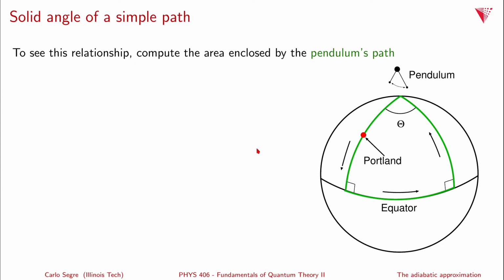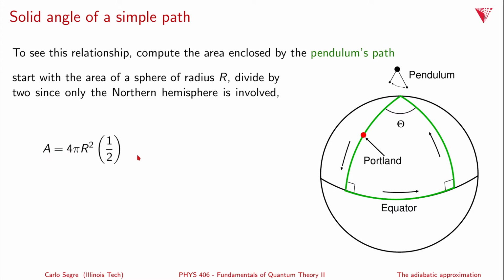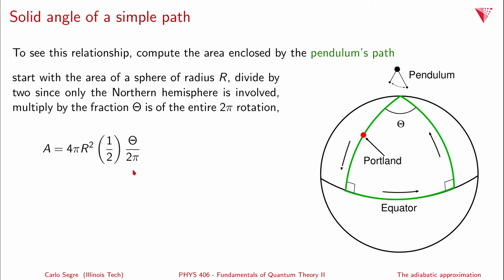We can see this relationship by computing the area enclosed by the pendulum path. Well, we start with the area of a sphere of radius r. So the area of a sphere of radius r is 4 pi r squared. We divide it by 2 since we're only talking about the northern hemisphere. Then we take the fraction that theta is of the entire 2 pi rotation, so that's theta divided by 2 pi.